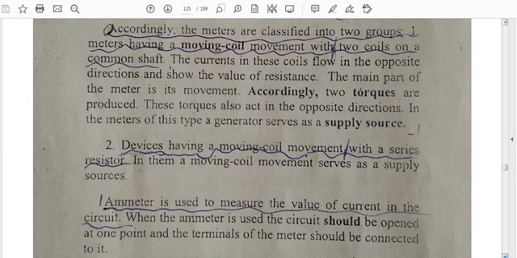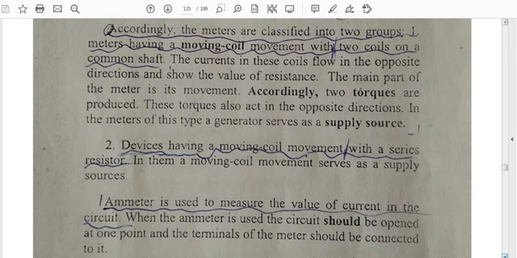In the meters of this type, a generator serves as a supply source. Devices having a moving coil movement with series resistors are the second group.